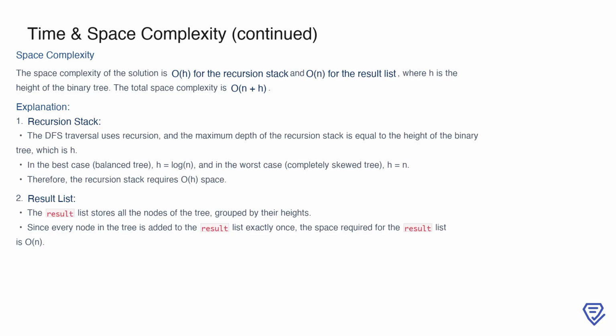In the worst case, such as a completely skewed tree, the height h equals n. Thus, the recursion stack requires O(h) space. Next, the result list stores all the nodes of the tree grouped by their heights. Since every node is added exactly once to this list, it requires O(n) space. Combining these two components, the total space complexity becomes O(n) plus h.